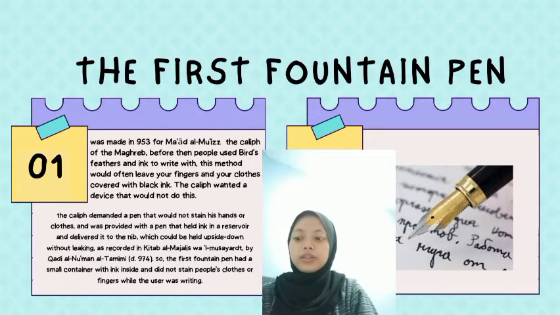First fountain pen was made in 953 for Ma'al al-Mu'iz, the Caliph of the Maghrib. Before then, people used bird feather and ink to write with. This method would often leave your fingers and your clothes covered with black ink.